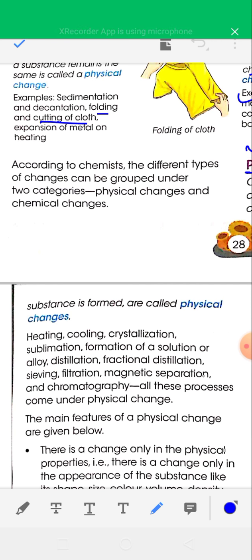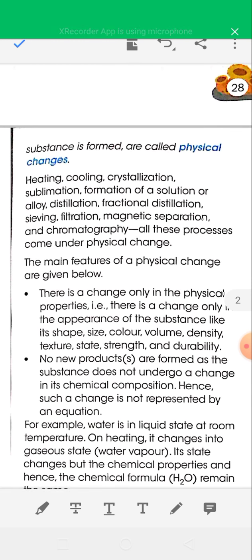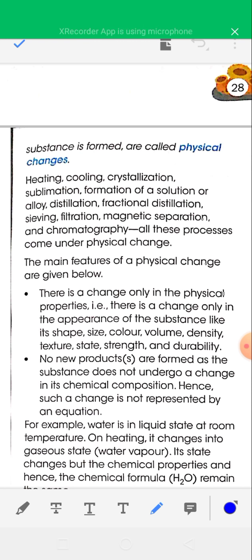Now see, these are some examples of physical changes: crystallization, sublimation, cooling, heating, fractional distillation, filtration, magnetic separation. All these are physical changes.